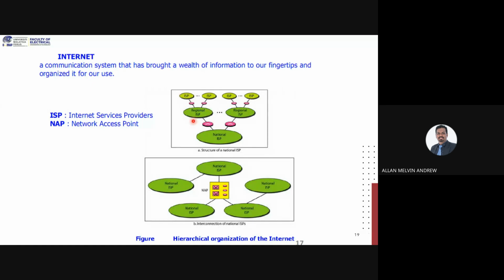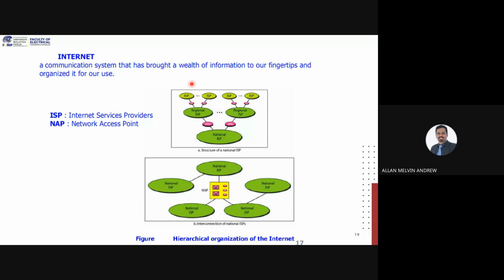Then it will be connected to a regional ISP, meaning all the nodes in that region will be connected to the regional ISP, and the regional ISP will connect with the other regions and form a national ISP. Then the network access point connects a few national ISPs, a few countries. Let's say this is Malaysia, and regional may be the northern region, or based on states.